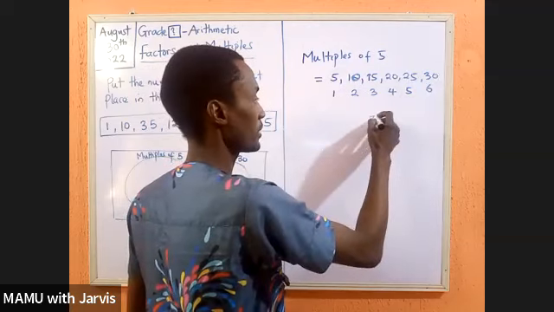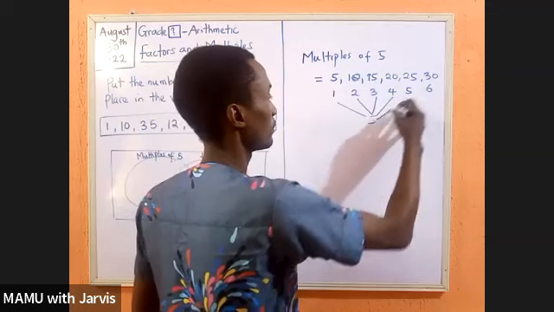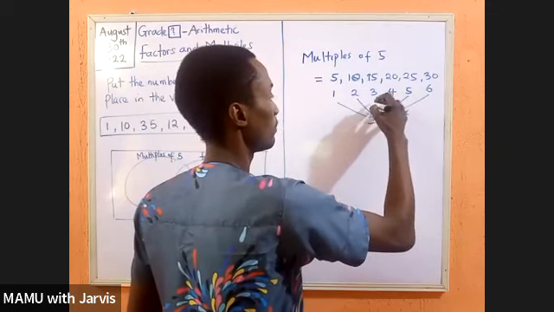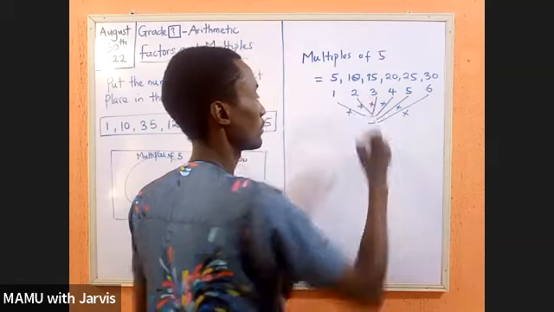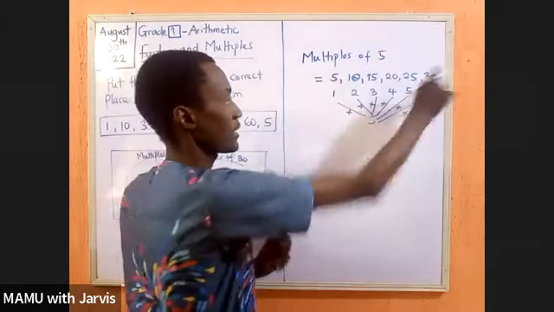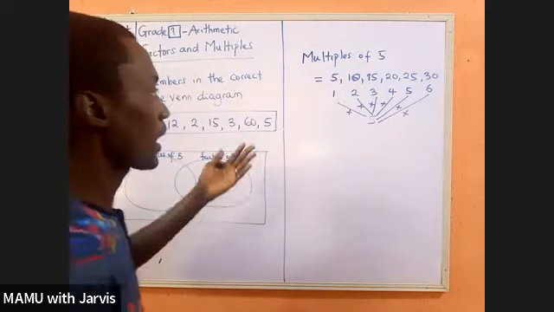So 5 times 1, 5 times 2, 5 times 3, just like that. And then we'll have those answers. So I deliberately stopped at, okay, I can take it further.